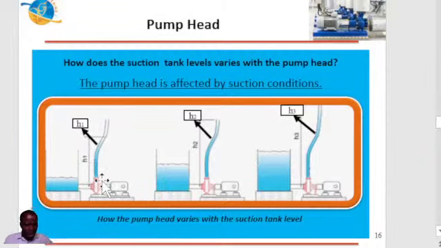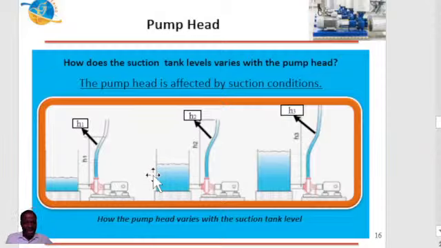As the suction tank level is reducing, your pump head is also reducing. So the height to which the pump can raise the water is a function of your suction tank level. So you see how the pump head varies with the suction tank level.